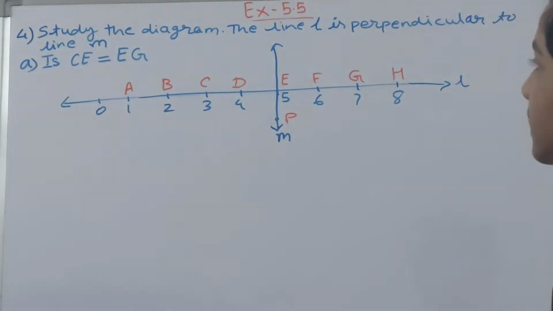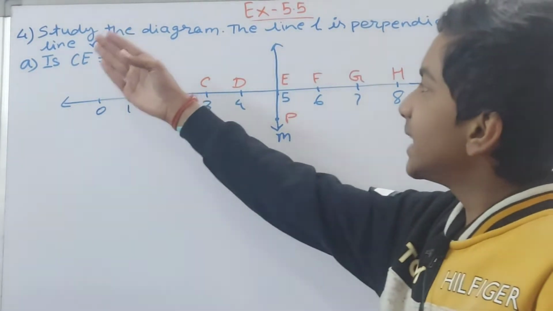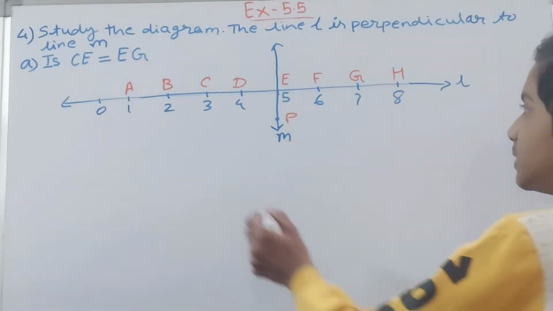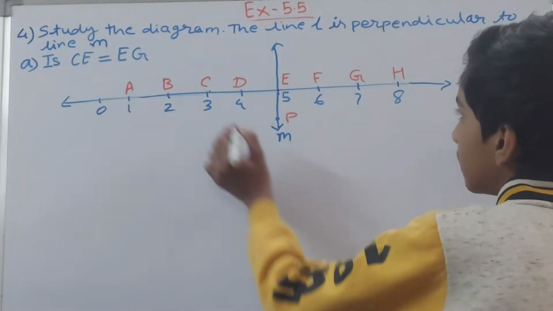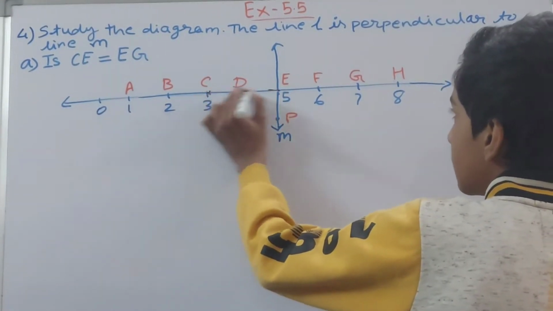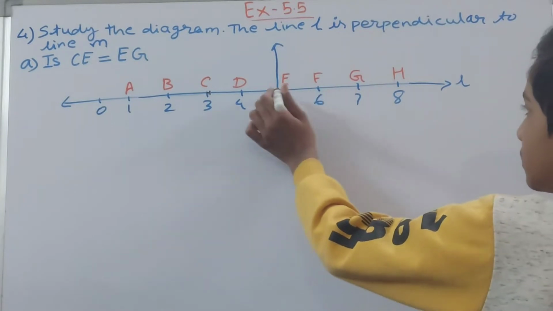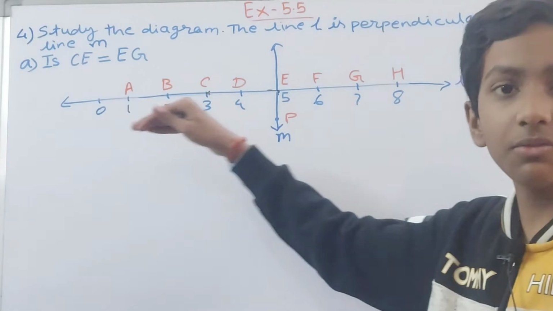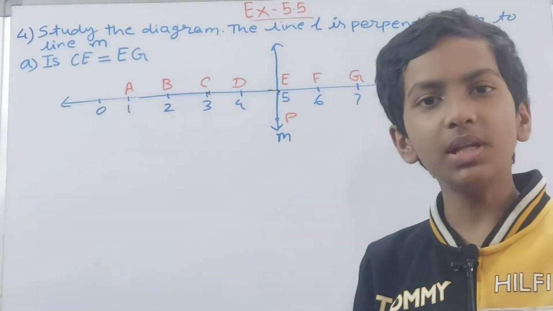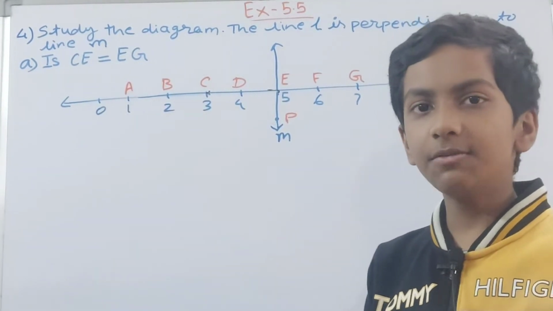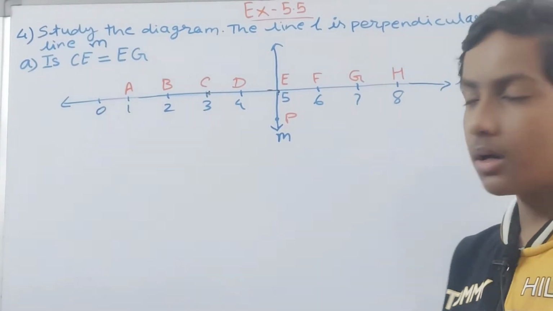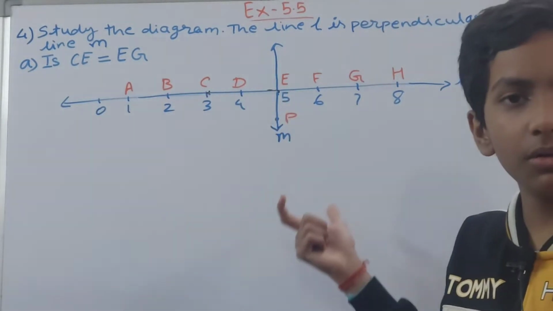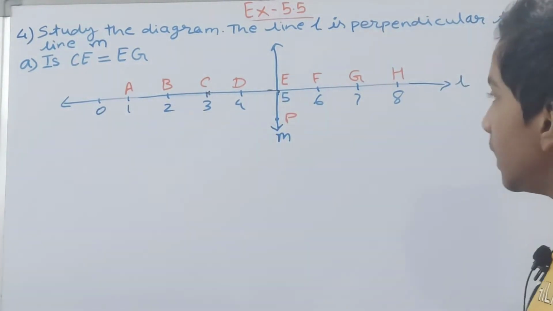Now it is asking us, is CE equal to EG? CE is from C to E, this much distance, and EG is from E to G, this much. Since we are given numbers on this line, we can simply count. If the number of numbers covered between CE is equal to the number covered between EG, then they are equal.